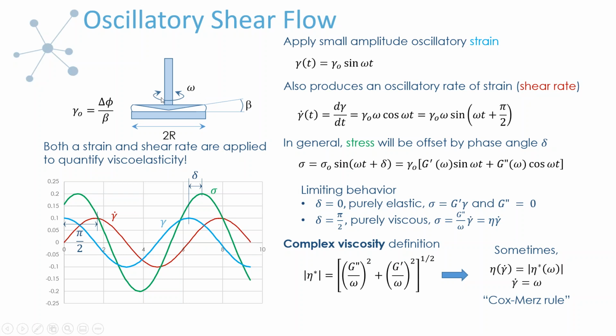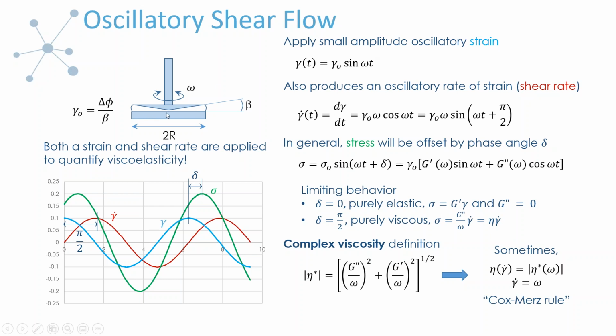In the steady shear experiment in the cone and plate, you would just consistently rotate the upper plate at a fixed rate, some angular velocity. In the case of the oscillatory flow, we move it back and forth. So now the motion of this upper plate is going to follow a sine wave.